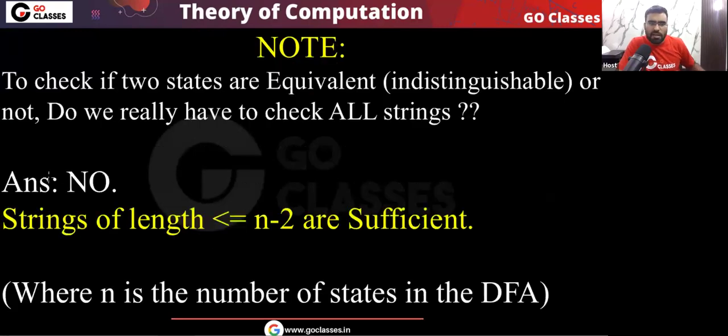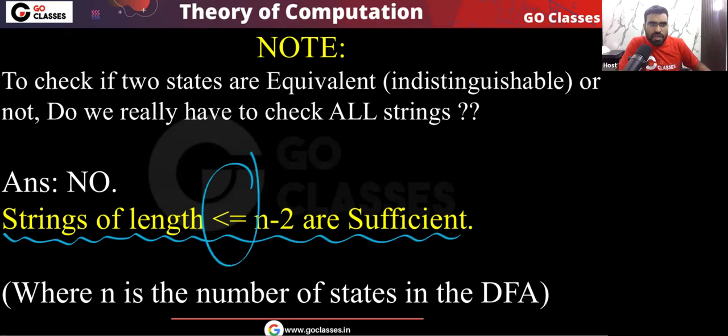Let me tell you the answer. The answer is no. You don't have to check all the strings. Let me give you a very nice thing: you only have to check strings of length at most n minus 2. This will save you a lot of time. Strings of length less than or equal to n minus 2, where n is the number of states in the DFA.